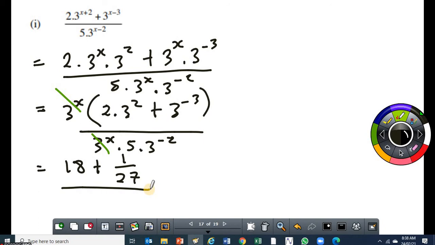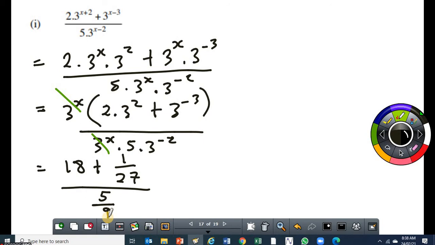Now, from here, your knowledge of fractions is required. Then, the denominator is 5 times 3 to the power of minus 2. 3 to the power of minus 2 is the same as 1 over 9. Okay? So I can write the denominator as 5 over 9.